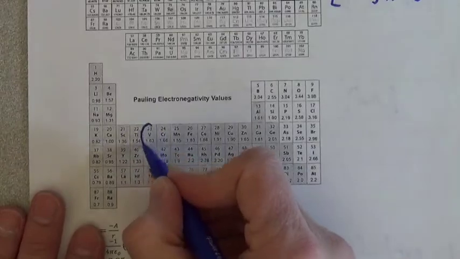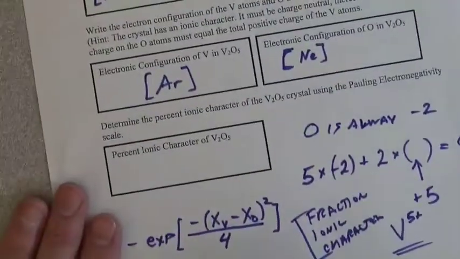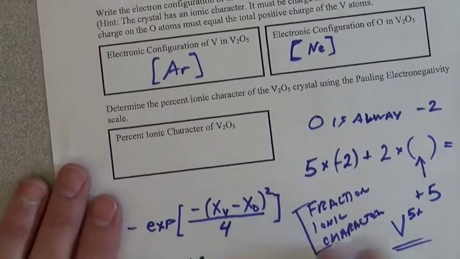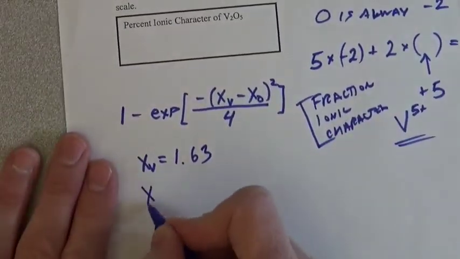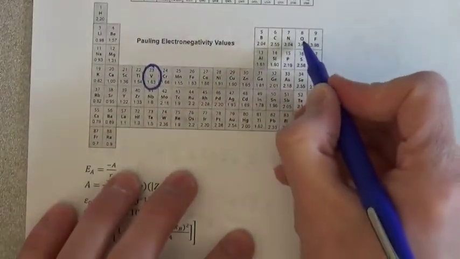Okay. The electronegativity of vanadium here is 1.63. The electronegativity of oxygen from here is 3.44.